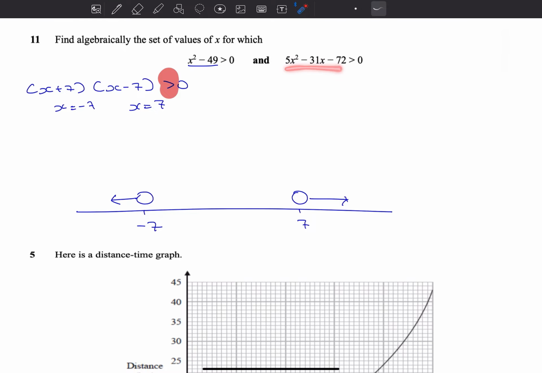Not really. So 5 times 72 then, which is 360. Factors of 360 that make 31. Let's check.